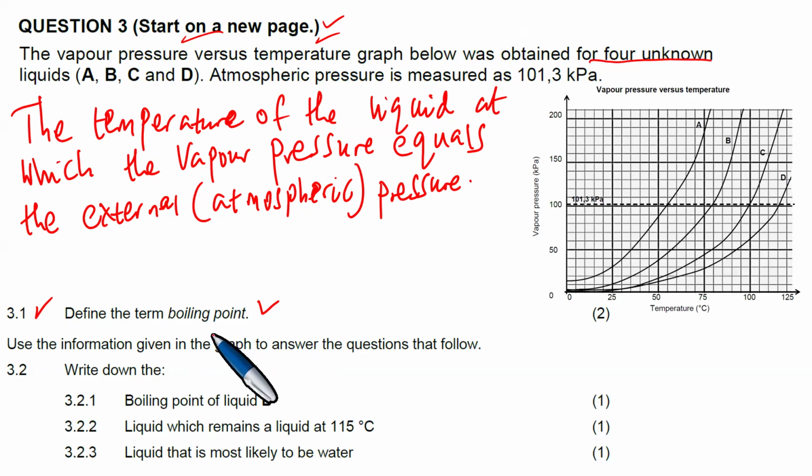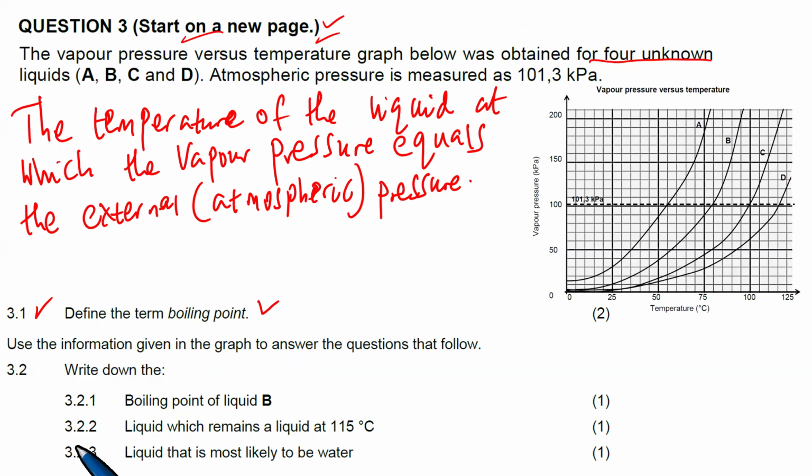So boiling point is to do with vapor pressure equalling atmospheric pressure. Vapor pressure equals atmospheric pressure. That is called the boiling point of a substance.